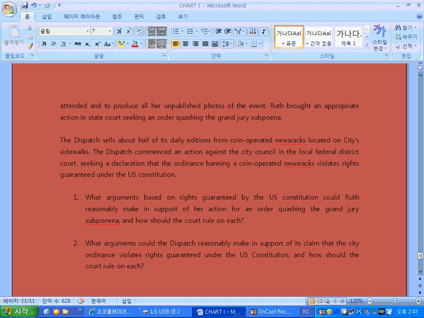In this case, the city ordinance banned the coin-operated news racks managed by the Dispatch in retaliation for the opposing position of the Dispatch. The Dispatch failed to respond to the request of a state authority, in this case, the city council.